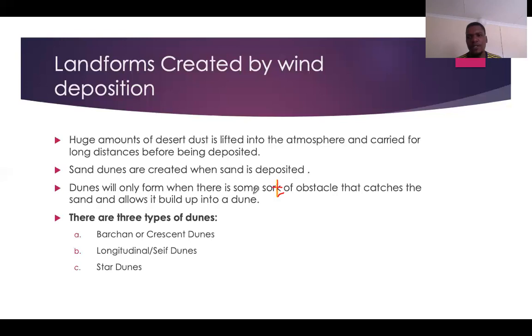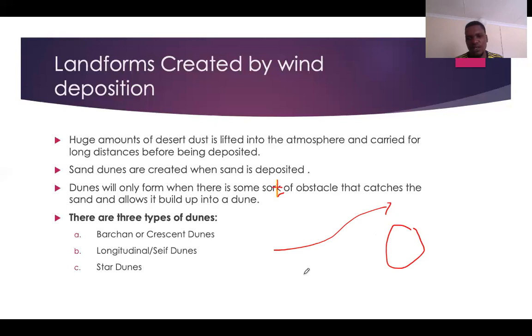What happens is that the sand particles will begin to be deposited around that shrub. Maybe we have a stone here, and the wind is carrying materials. As it reaches the stone, it has to go around the rock.